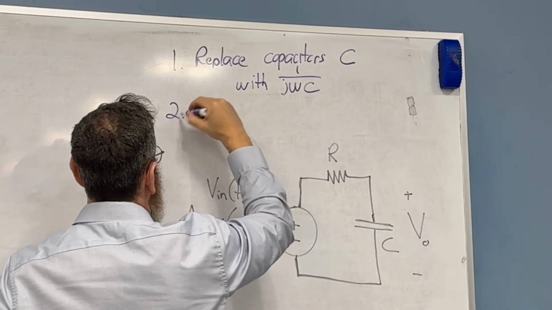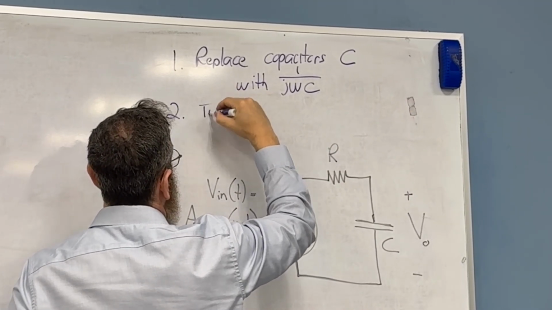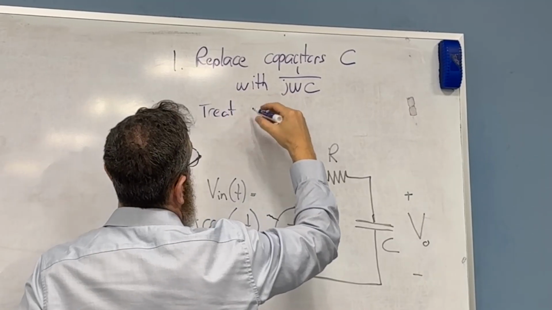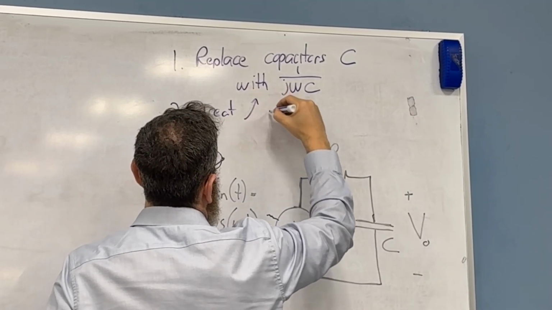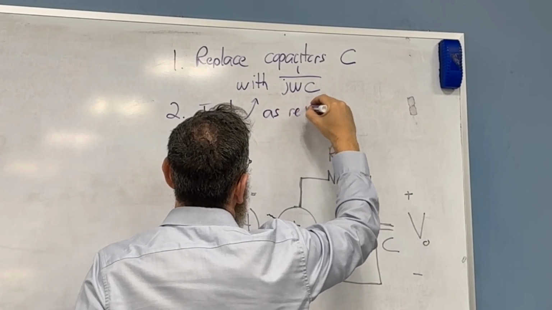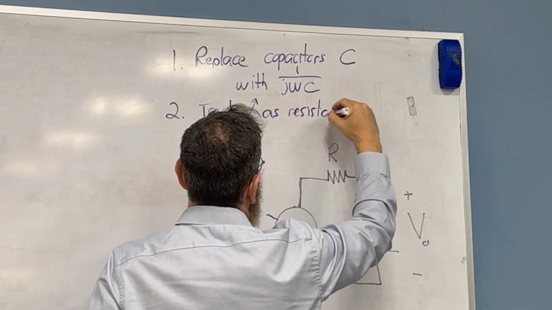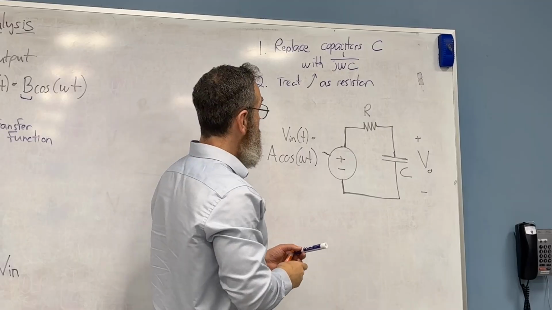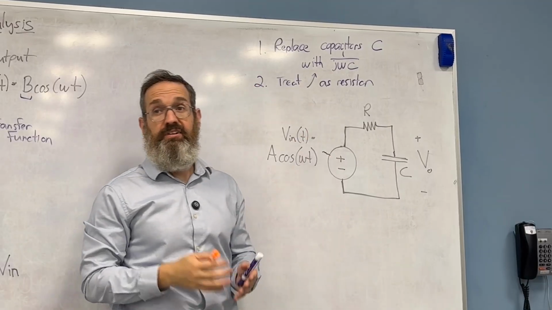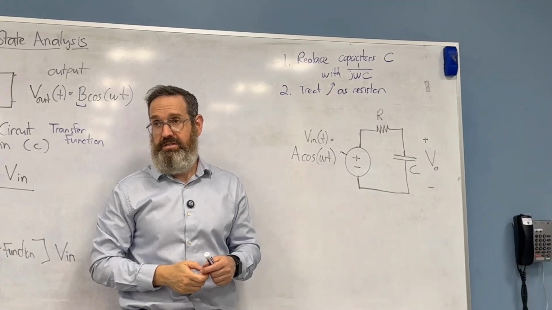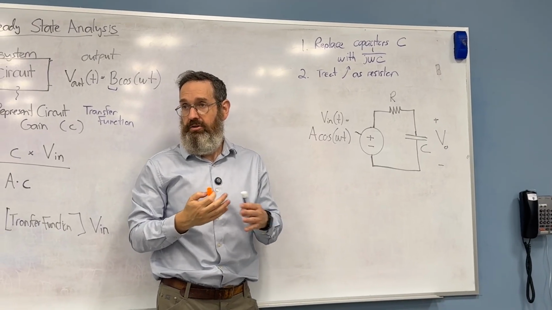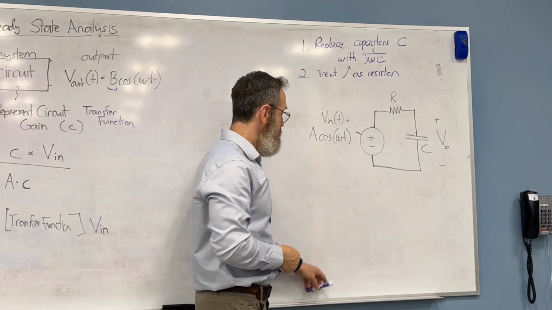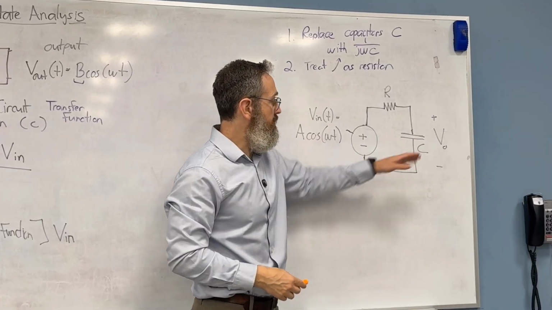And the second step is to treat this as a resistor. These two steps effectively remove the capacitors from the system. I mean, they're there, but they're not. They're there as resistors. So let's go through that step for this circuit right here.